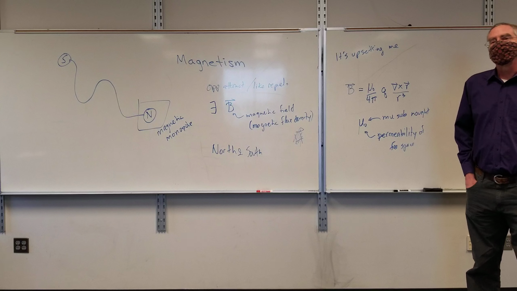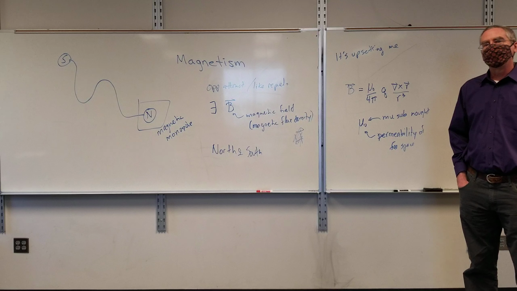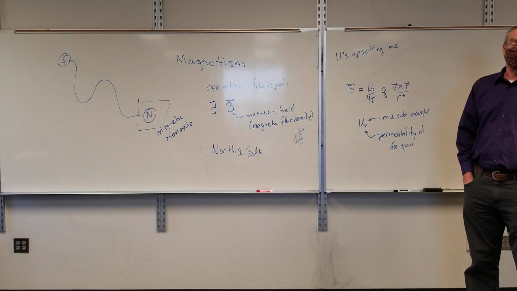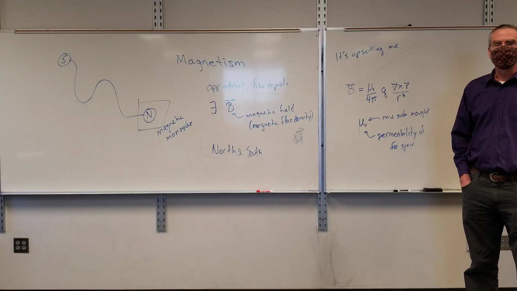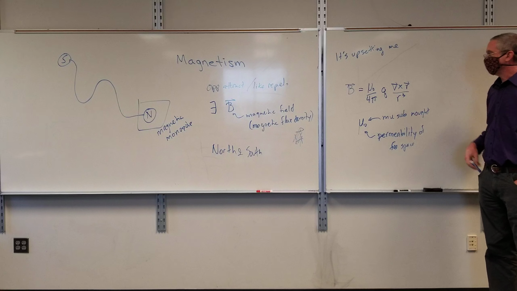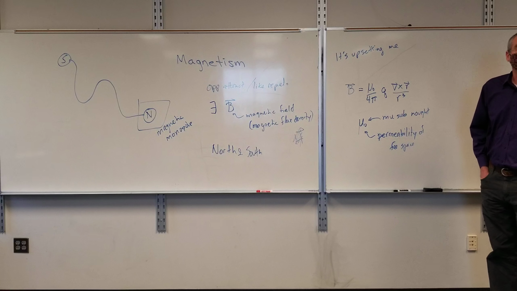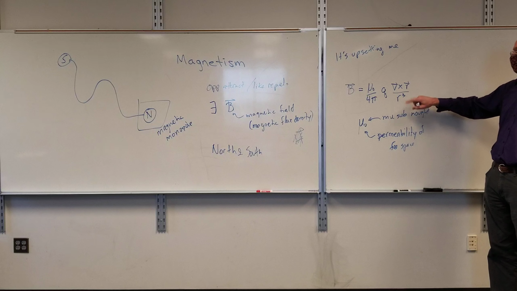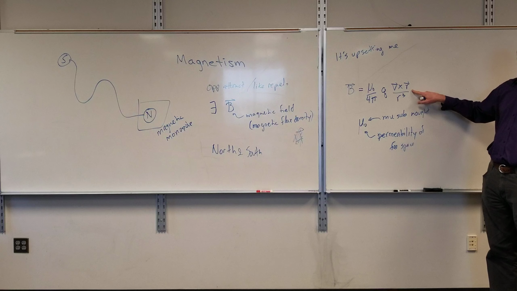Yeah, you said it's the magnetic field from a moving charge, right? Yes, magnetic field from a moving charge. Because ultimately, that's what creates a magnetic field, is a moving charge. In the numerator on the right, that's a cross product there. Yes, it's a cross product between the velocity of the charge and this radial vector.